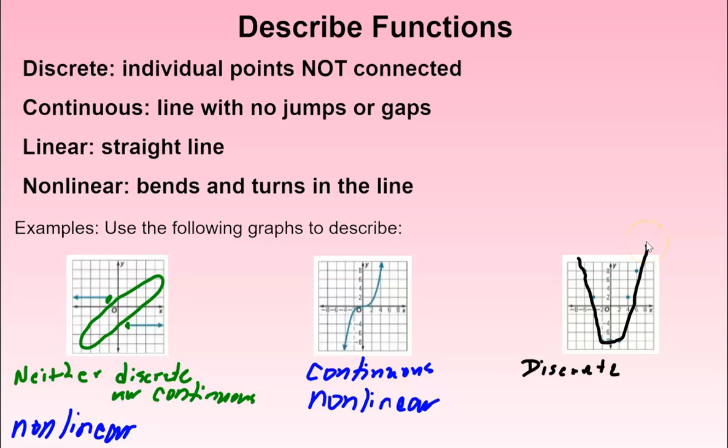That is not a straight line, so this would be nonlinear. Let me make that N a little bit better. So we would have discrete and nonlinear. So that's how you can describe the linearity and the continuity of functions.